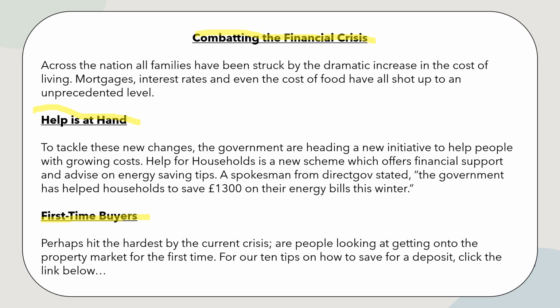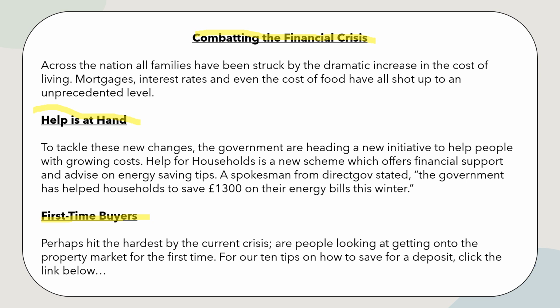So it says then, across the nation, all families have been struck by the dramatic increase in the cost of living. Mortgages, interest rates, and even the cost of food have all shot up to an unprecedented level. Help is at hand. To tackle these new changes, the government are heading a new initiative to help people with growing costs.